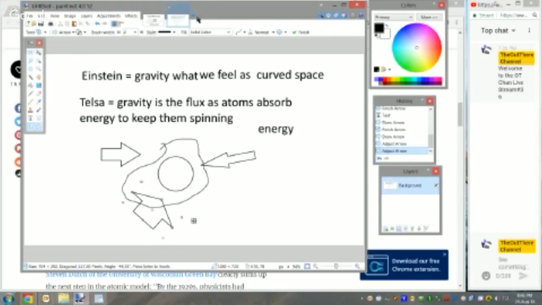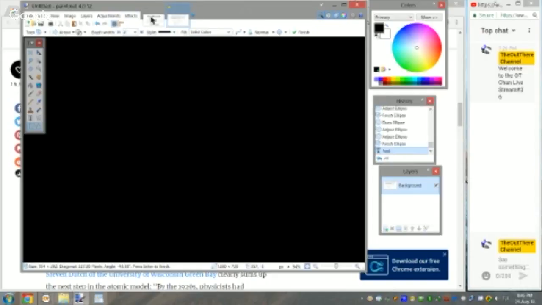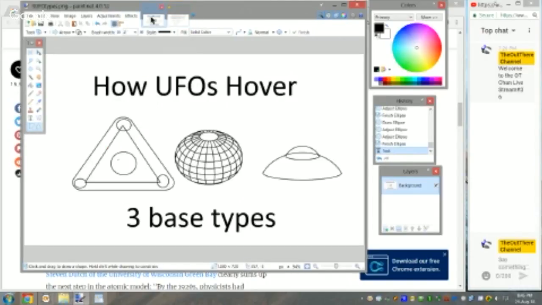Now, apparently he did an experiment where he levitated a metal rod, a cigar-shaped rod, which is quite interesting. And that's probably one thing I missed off the chart, a rod. So could it be 4 base types? Probably got that wrong. So really I should have a rod there as well. A rod is really circular too, but let's draw a rod.